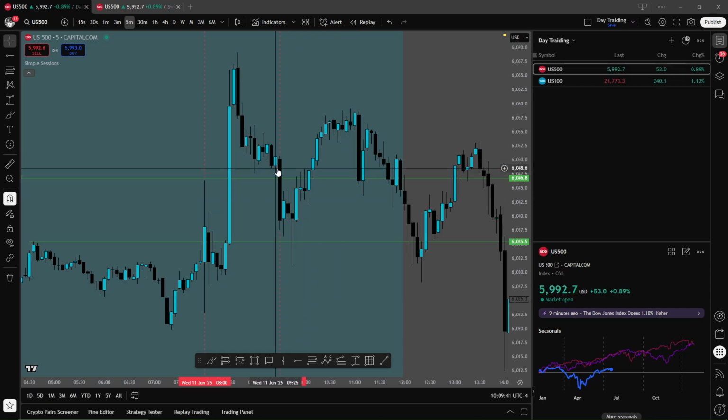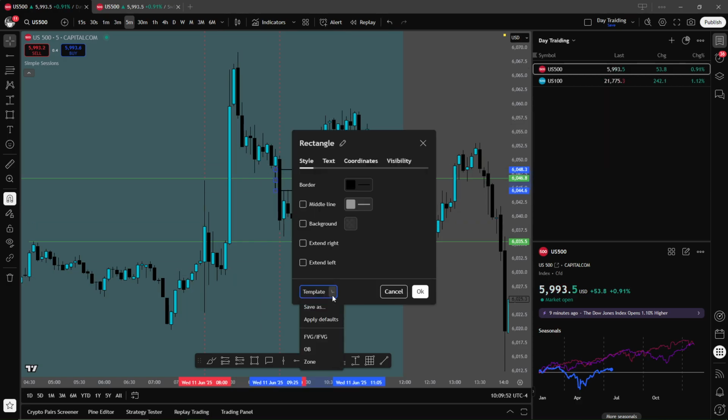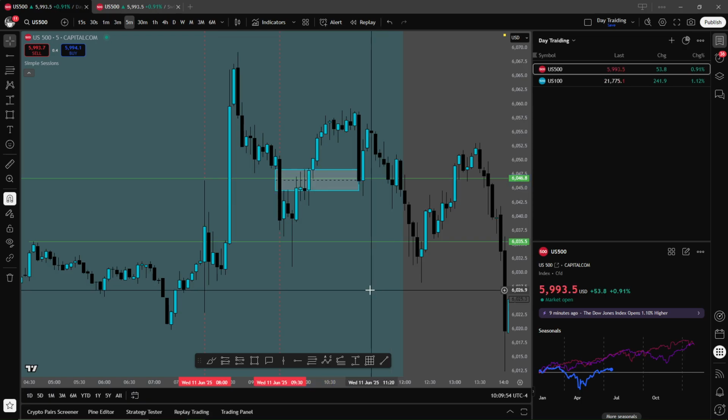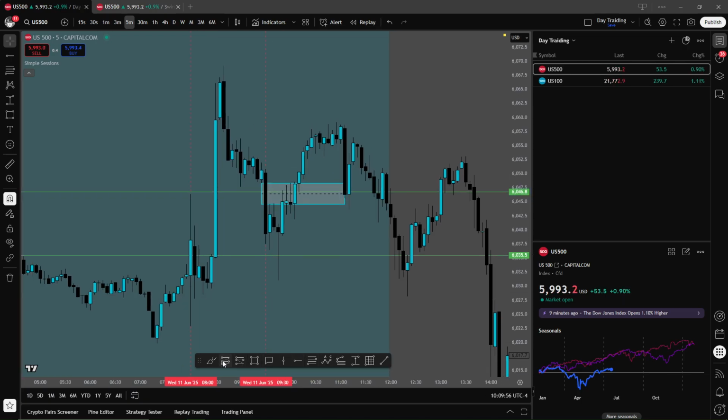I get it right here. So the fair value gap here, what is this ugly fair value gap? Fair value gap, bam. Then short here.